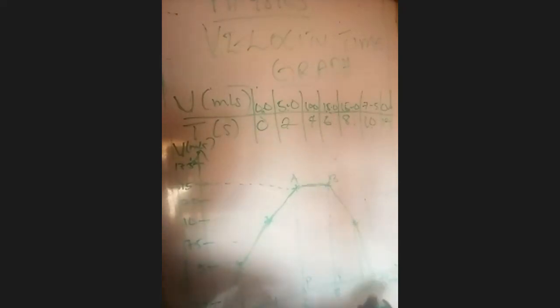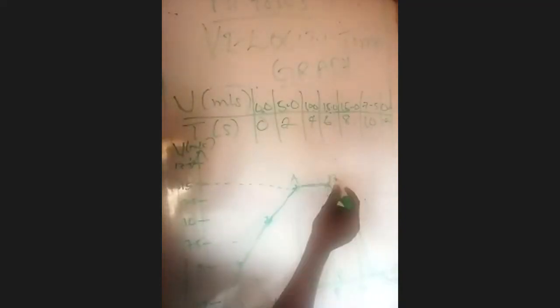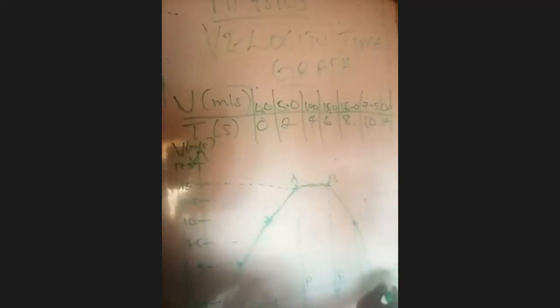PQ, this place we can call C, and this place where the body comes to rest as D. If this place is A and this place is B, this place will be C, and when the body is at rest, it will be D.